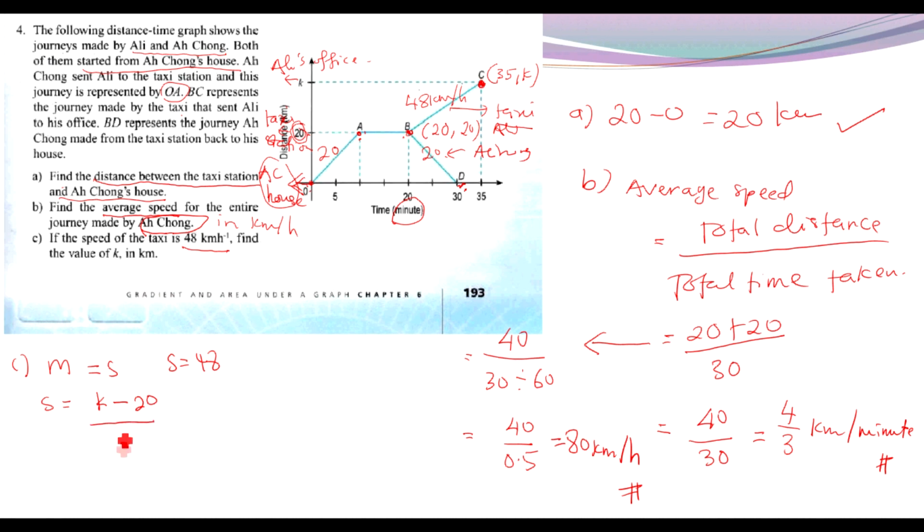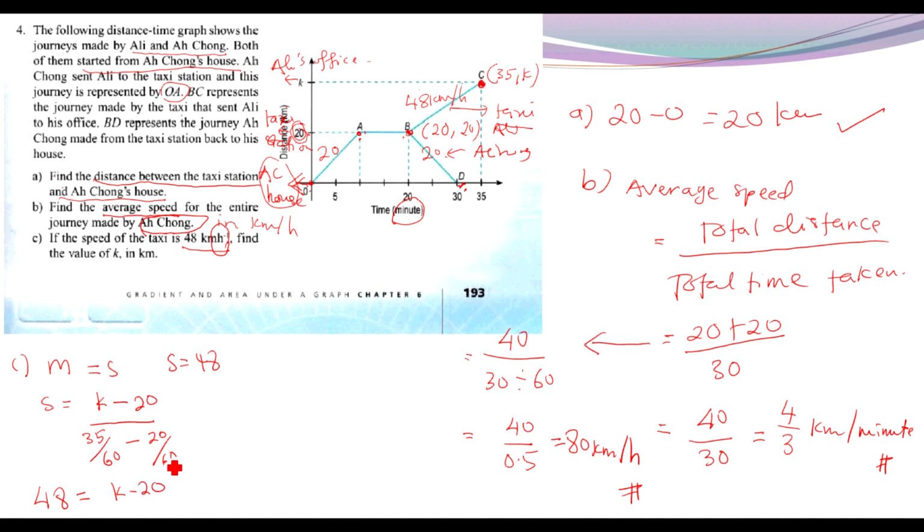over, because this is in kilometer per hour, you convert the time into hour. So 35/60 minus 20/60. This is equal to 48. Speed equals 48, right? So 48 equals K minus 20 over.